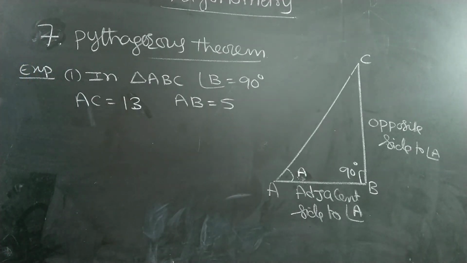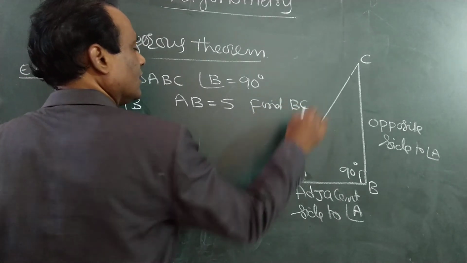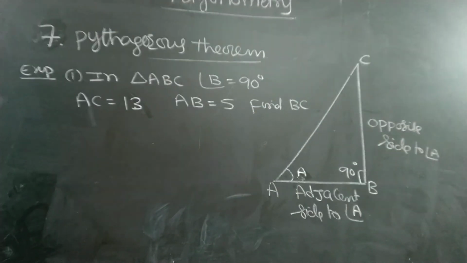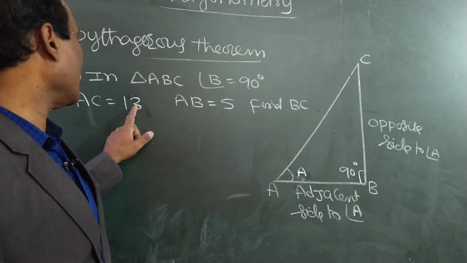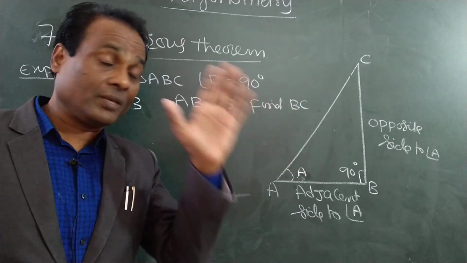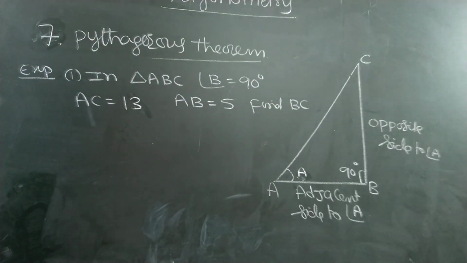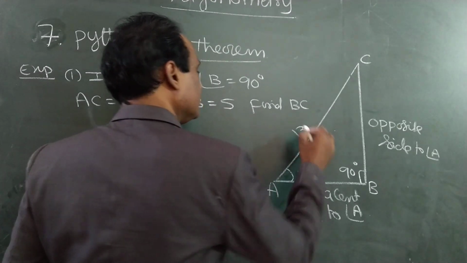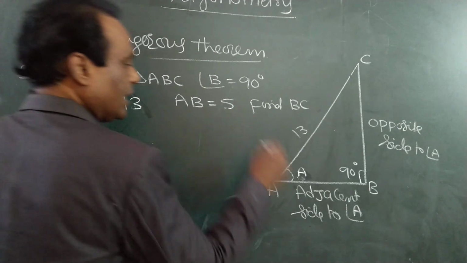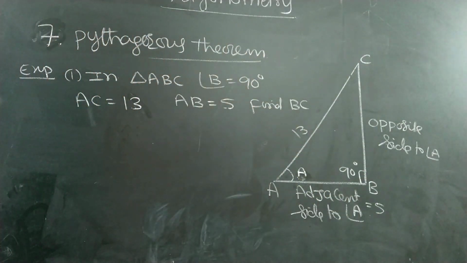AC is equal to 13, AB is equal to 5. Find BC. Do this, because in solving problems, in many cases we need to use this relation. Just for practice, I gave a simple question. So AC is how much? 13. And AB is 5. What is BC? That is my question.